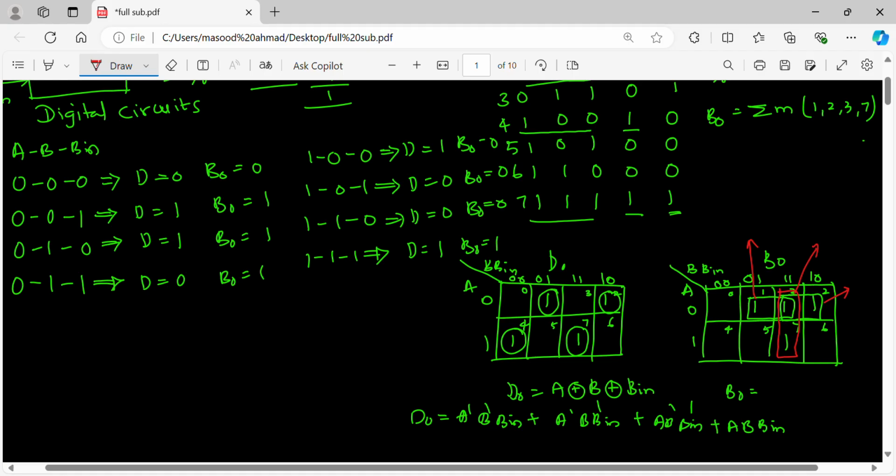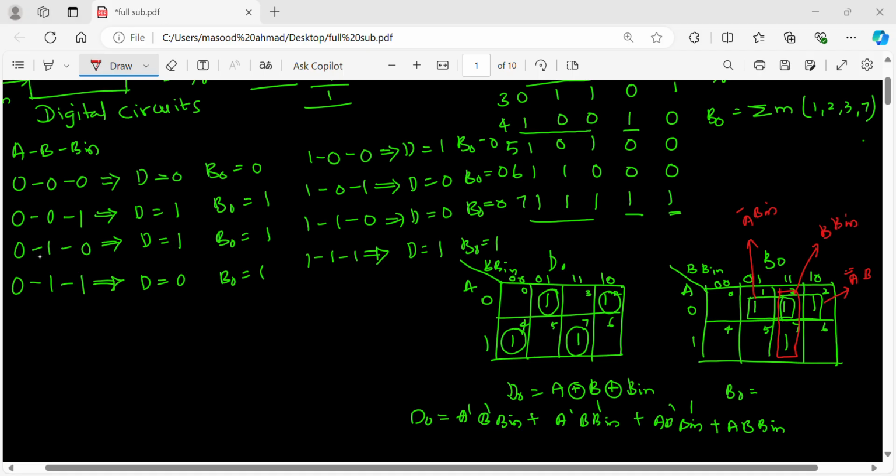So if you look at this expression, this is A bar. In this, what is there is B. So A bar B in. Now if you look at this one, this is B A bar, so A bar B. If you take this one, this is B in.